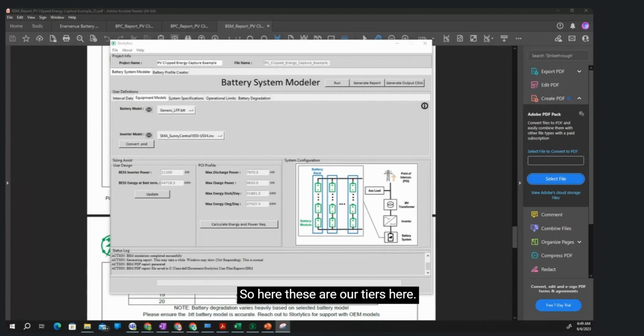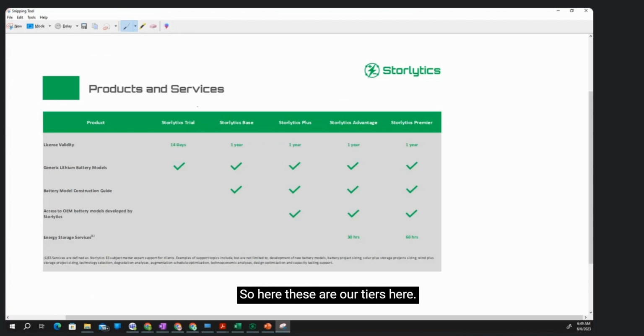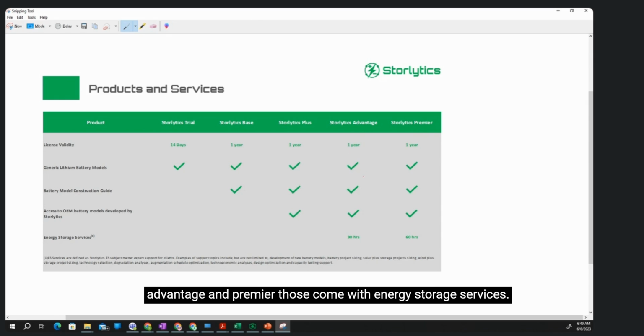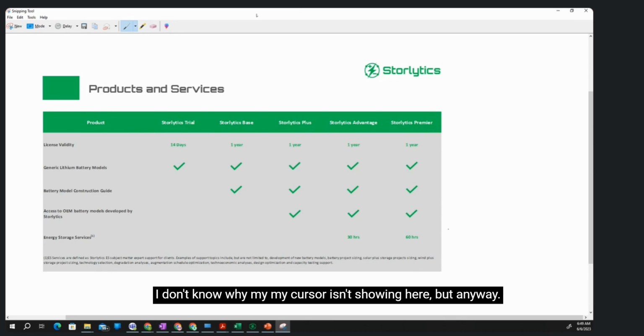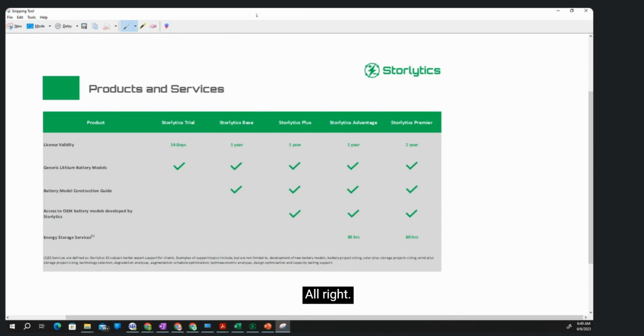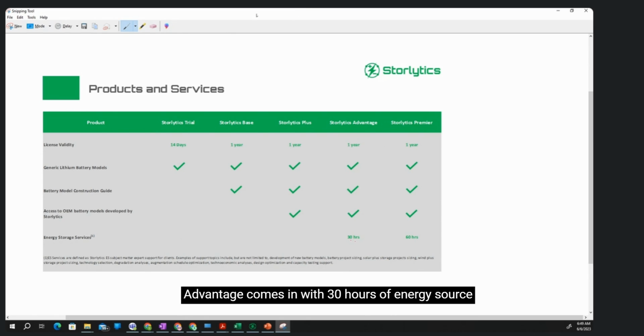So here, these are our tiers. The ones I want to bring your attention to are Advantage and Premier. Those come with energy storage services. Advantage comes with 30 hours of energy storage services support, and Premier comes with 60 hours.